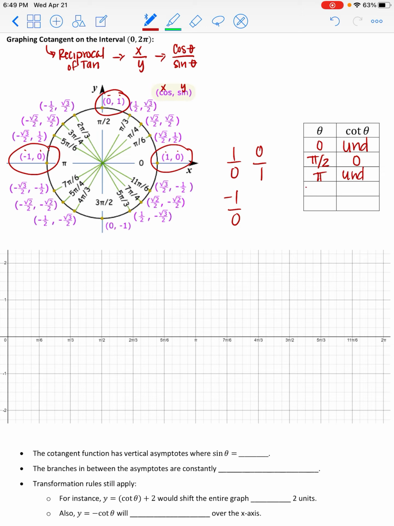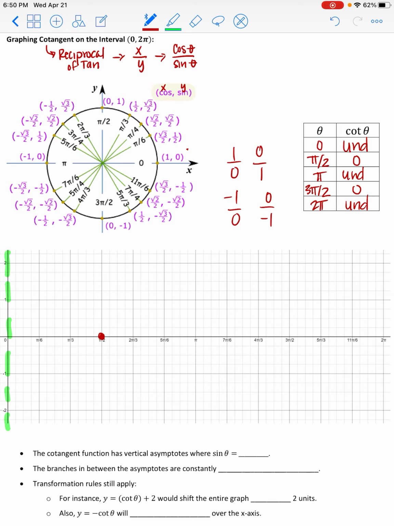At 3 pi over 2, cosine over sine, 0 over negative 1, that's going to be 0. And then when we go back to where we started, back to the full circle, we're going to be undefined again. So at 2 pi, we're undefined. So at 0, we're undefined. So we're going to start out with a vertical asymptote. At pi over 2, we're at 0.